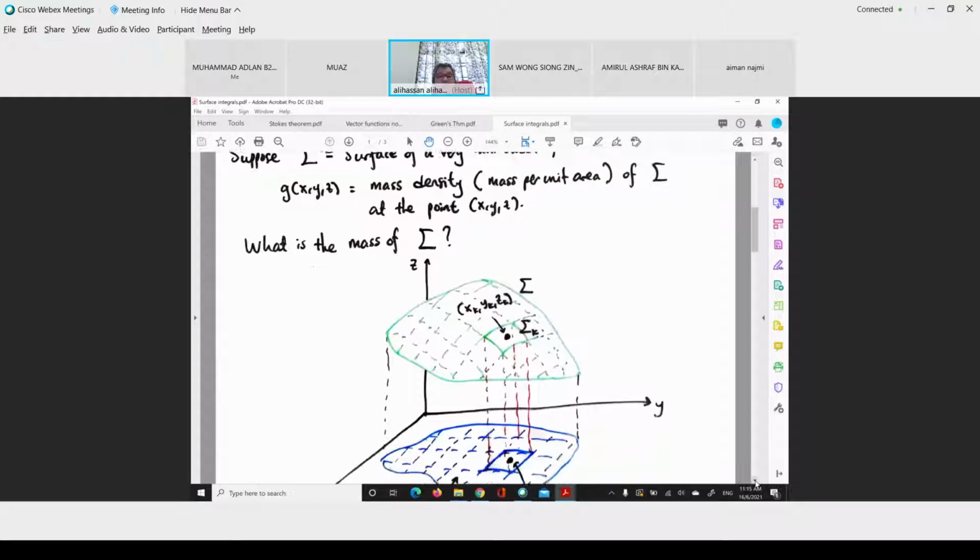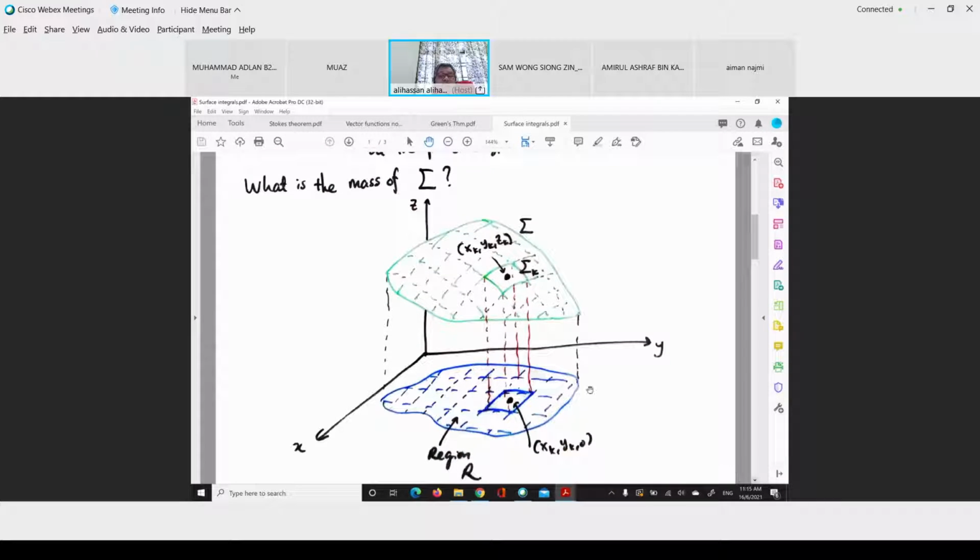So we use the same approach that I have shown you several times. We partition the surface into small partitions. Suppose it is divided into n partitions, and let's consider this small partition here, which is denoted as sigma k.